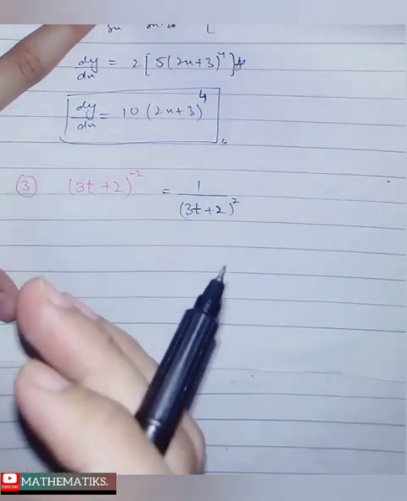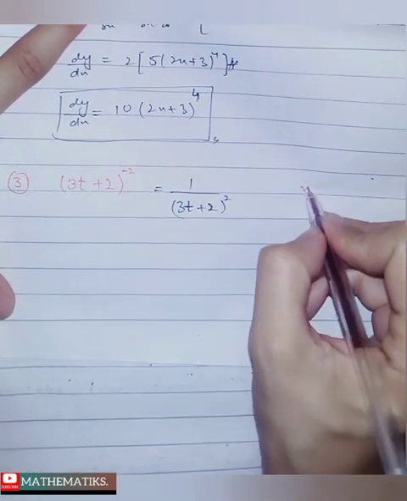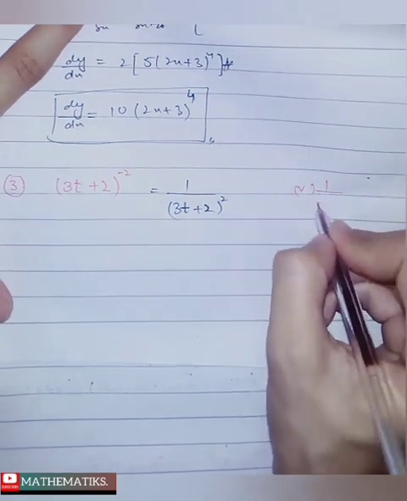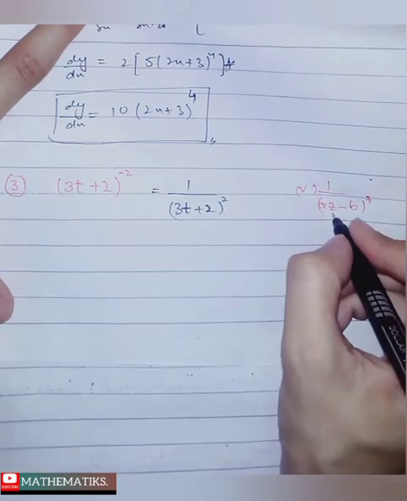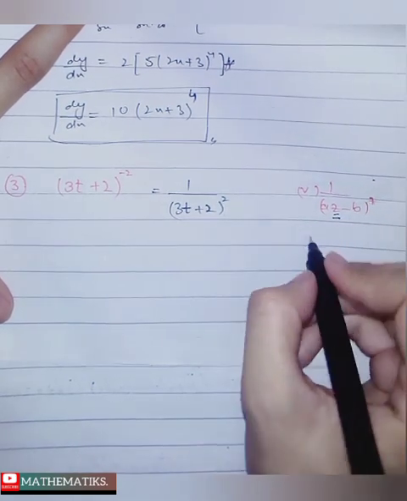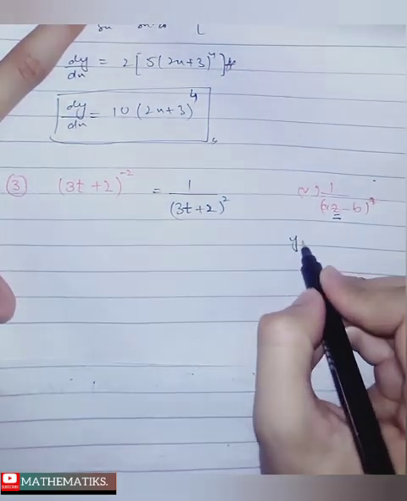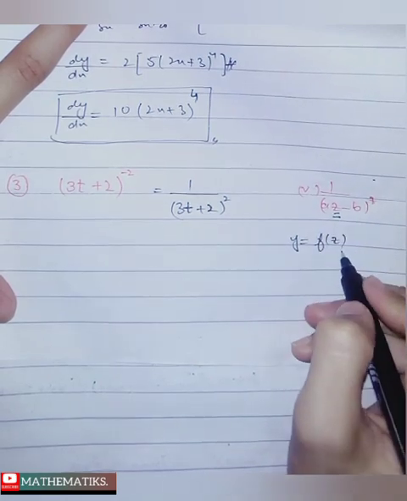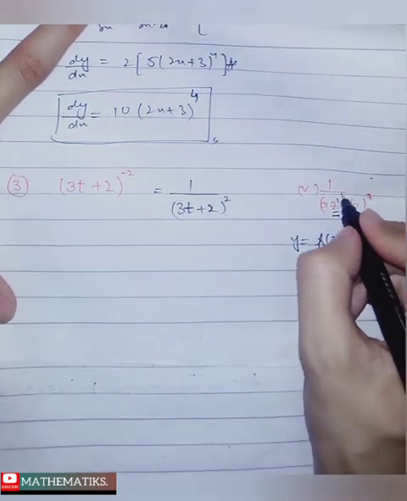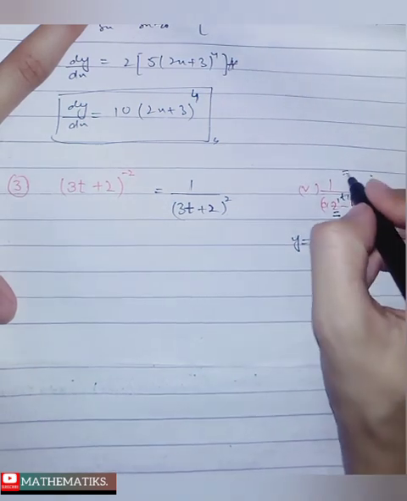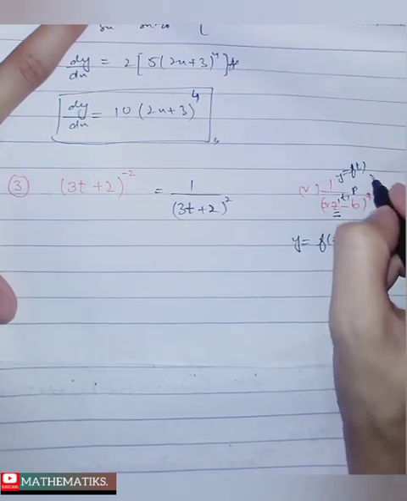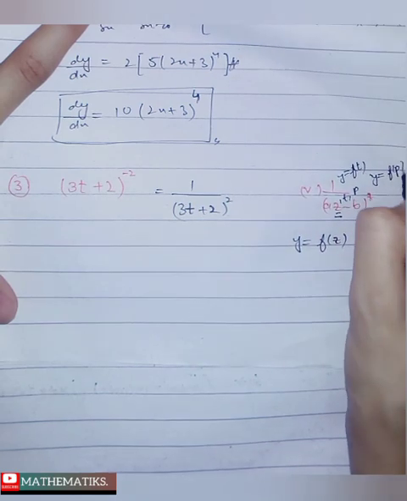There is z written, like in question number 5 we have 1 divided by (az minus b) whole power 7. So here we have z as an independent variable, so we have to solve this question like, you have to write y is equal to f of z, right? If you have t or p, anything, for t it is y is equal to f of t, and for p it is y is equal to f of p, right?